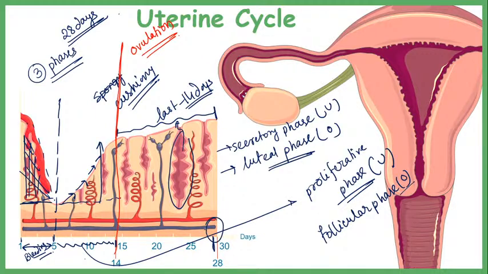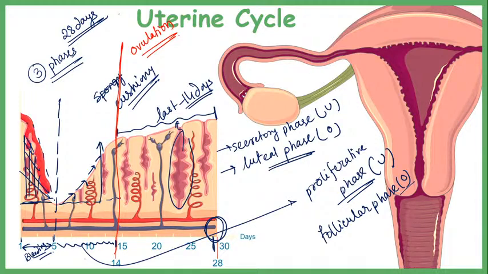So around the 28th day, the hormone levels suddenly drop, and this sudden drop results in bleeding. Right? Are we clear with this? Are we clear? Now is it clear for you?